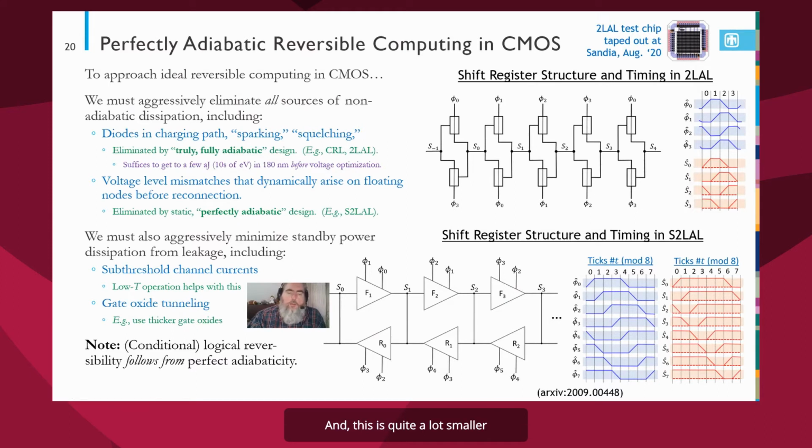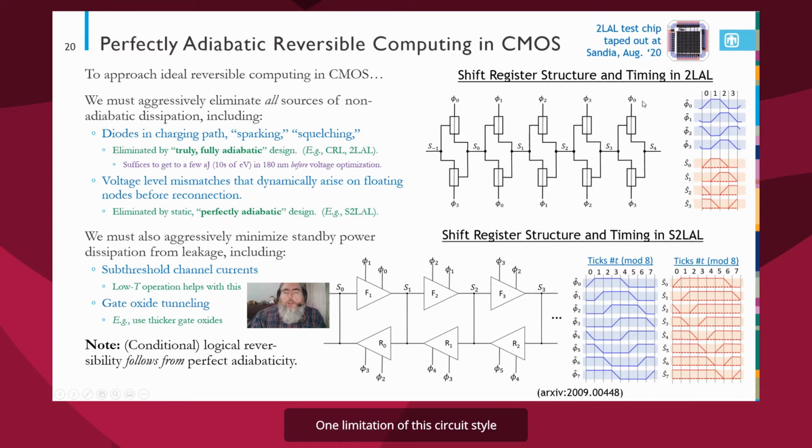And this is quite a lot smaller than energy dissipation for even end of roadmap CMOS, so that's a nice result. To validate that experimentally, we taped out a test chip just this last August, and when we get those back, we're going to do some experimental validation and verify this prediction empirically, or try to verify it.